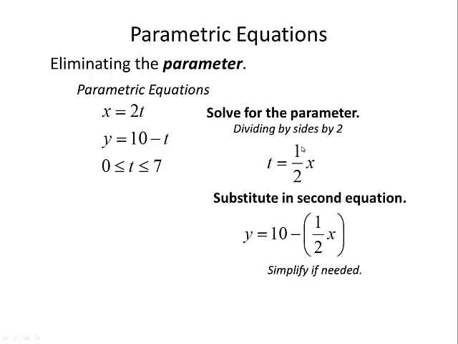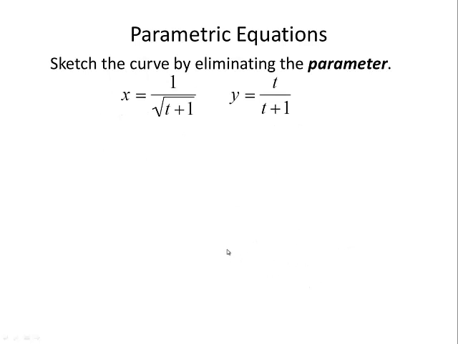Using this and plugging that into the second equation, I get y is equal to 10 minus whatever my t was, which is 1/2 x. At that point you need to simplify if needed. You can if you want, but that would just give me the other equation, y is equal to negative 1/2 x plus 10.